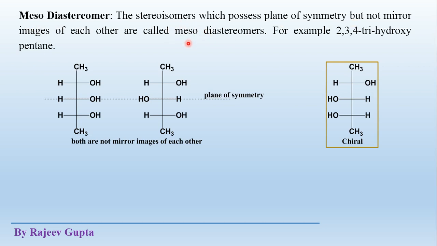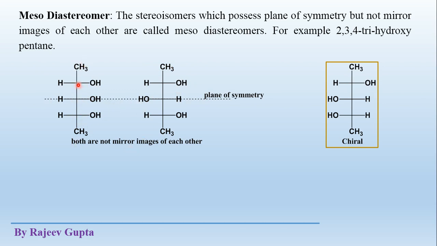Because these compounds have two or more than two chiral centers, but have a plane of symmetry. So these are meso compounds, but the relation between these compounds is a diastereomeric relation. So these are called meso diastereomers.